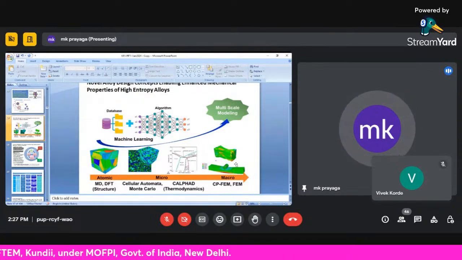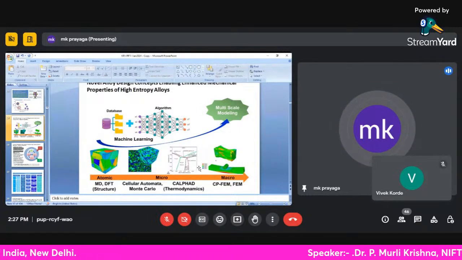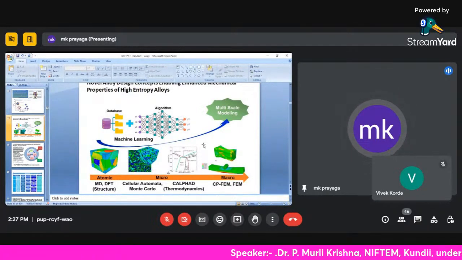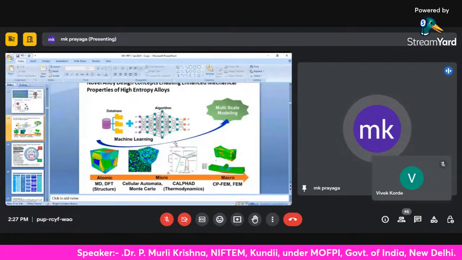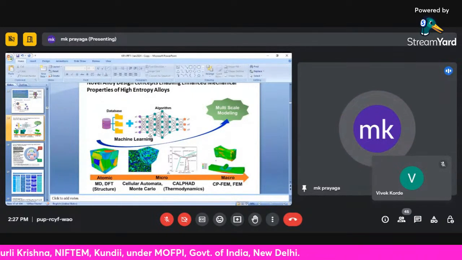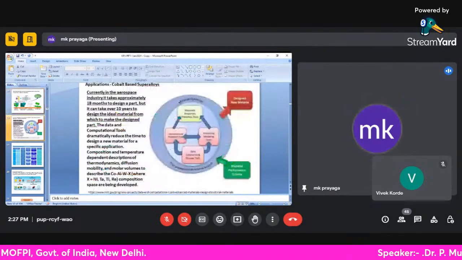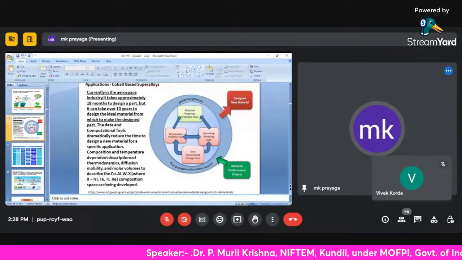Surface structure changes you can do with FEM. So all these compositions you can find out in simulation modeling, and then finally you can confirm what type of properties you need to tune for the material. Just in this modeling, I'm giving one example of how this will reduce the time as well as the laboratory work.